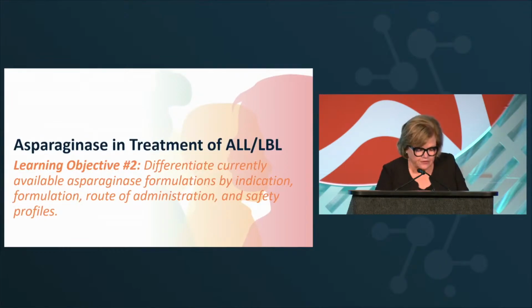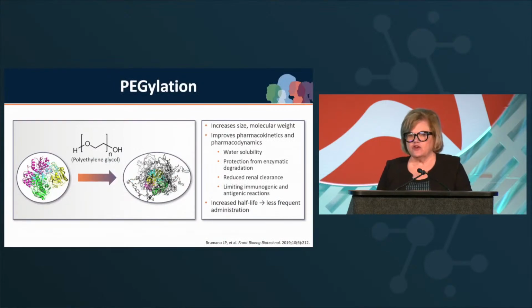So now when we look at the different asparaginases that are used in treatment for leukemia and lymphoma, we know there are different formulations and routes of administration and safety profiles accordingly. Our most common asparaginase used is the pegylated model of asparaginase. So you actually have a polyethylene glycol molecule attached to the asparaginase.